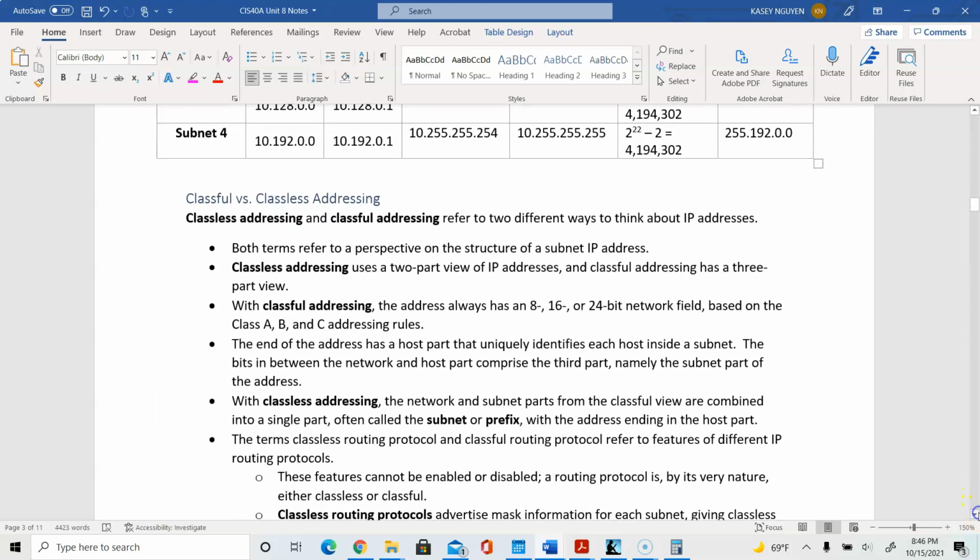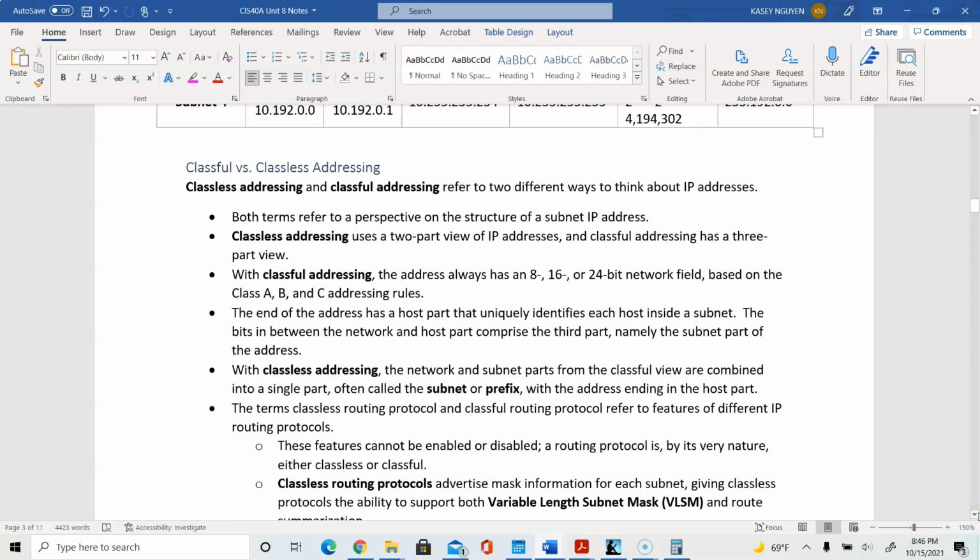Now, we had mentioned that we had been working on converting your regular classful address to something that has a host mask, which is a classless address. The difference between the two is that a classful address uses IPs in class A, class B, class C with the default subnet. A classless address uses a 2-part view for the IP addresses.